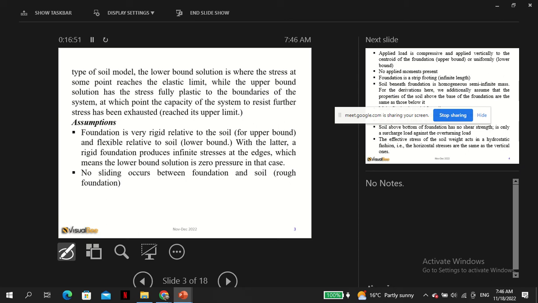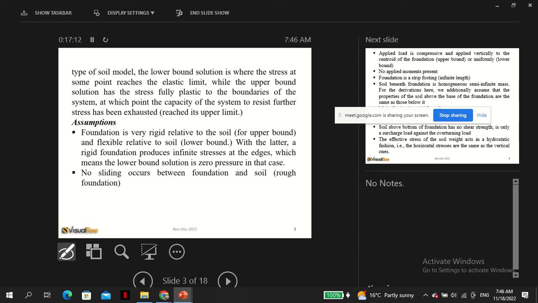With the latter, a rigid foundation produces infinite stress at the edges, which means the lower bound solution is zero pressure at the edges in that case.